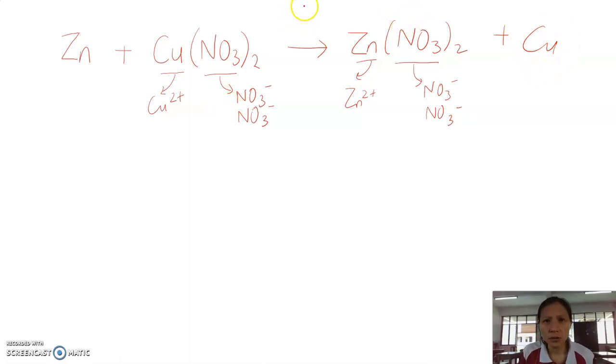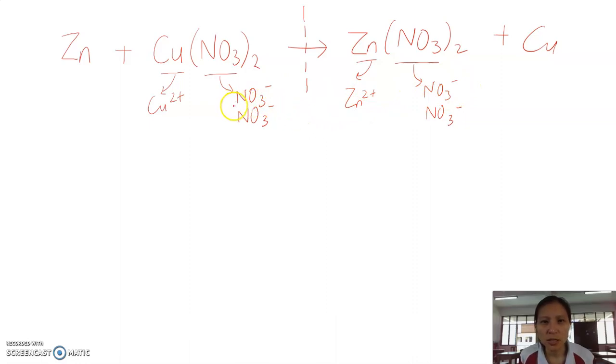Now, if I look at the left side and the right side of the equation, I can see that I have zinc, and zinc changes to become Zn2+. Then I have Cu2+, and it changes to become copper. Whereas NO3- remains as NO3-.